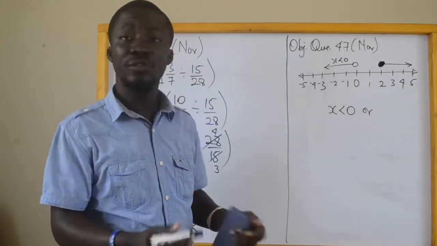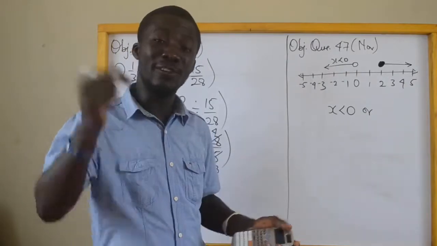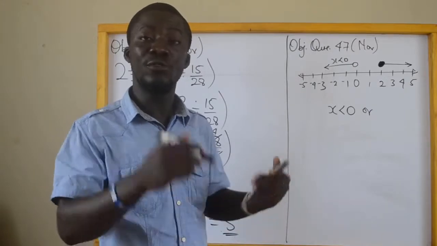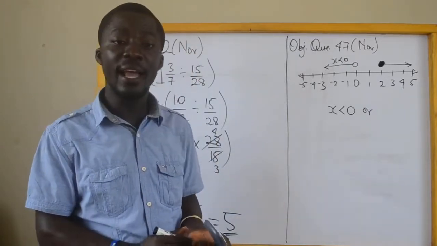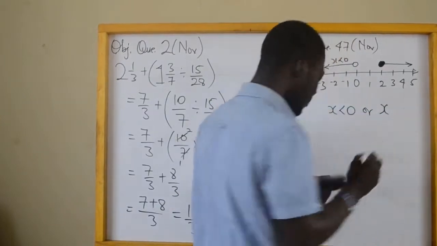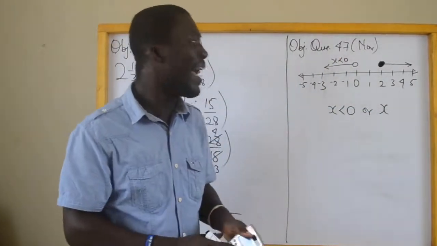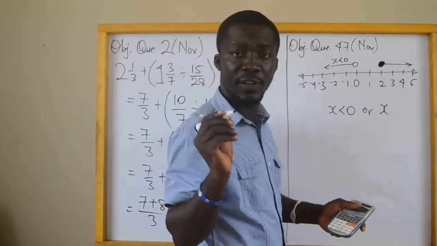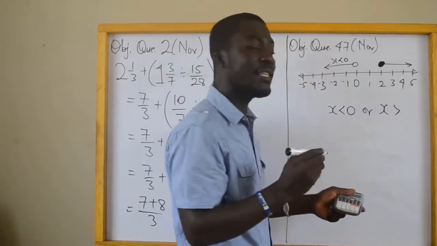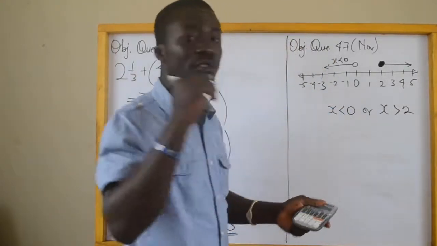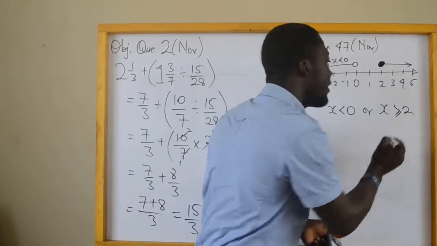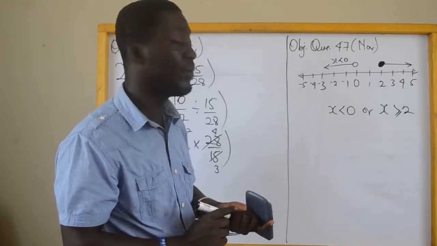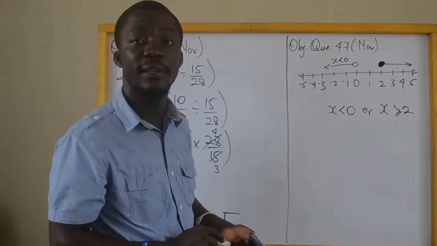So we represent it as greater than 2, and to include the 2 we add the greater than or equal to symbol. And this will be our final answer.